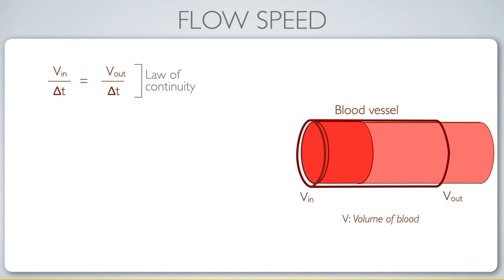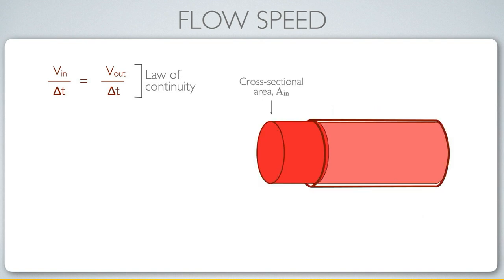Now we can restate the law of continuity in a way that takes into account the geometry of the vessel, in particular the cross-sectional area. So we've got the area on the input end there, and then the dimension, the linear dimension along the length of the vessel. So we're going to call that x.